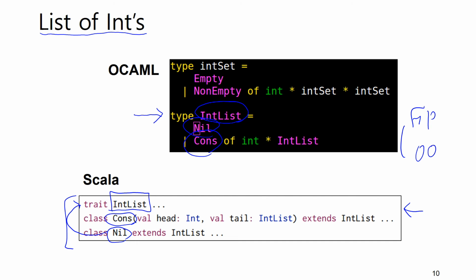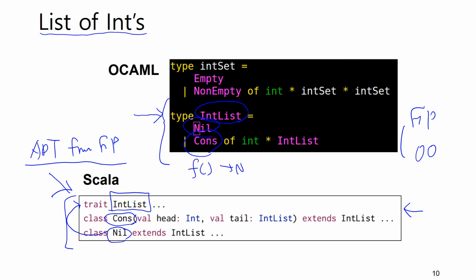To see why, in this style, you can implement abstract data types from functional programming, which is a really powerful abstraction available mostly in functional programming languages. But it also overcomes a unique weakness of functional programming. For example, in this definition of IntList, you cannot have a function f specialized for nil and the same function f specialized for cons, because in functional programming, you don't have this notion of method overriding.